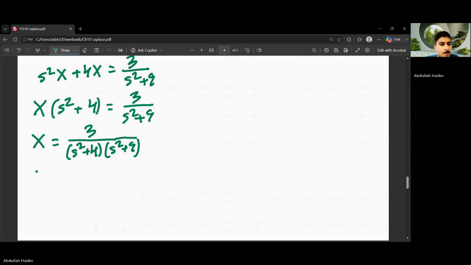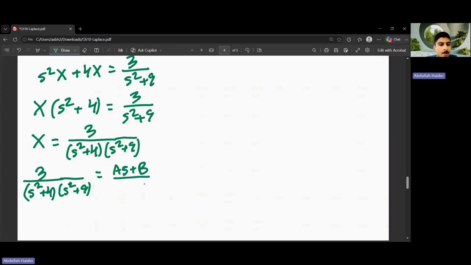So we can write this as 3 over s squared plus 4 times s squared plus 9 equals, now, you might remember in calculus 2, the highest degree of the denominator is 2, so it will be as plus b over s squared plus 4 plus cs plus d over s squared plus 9.